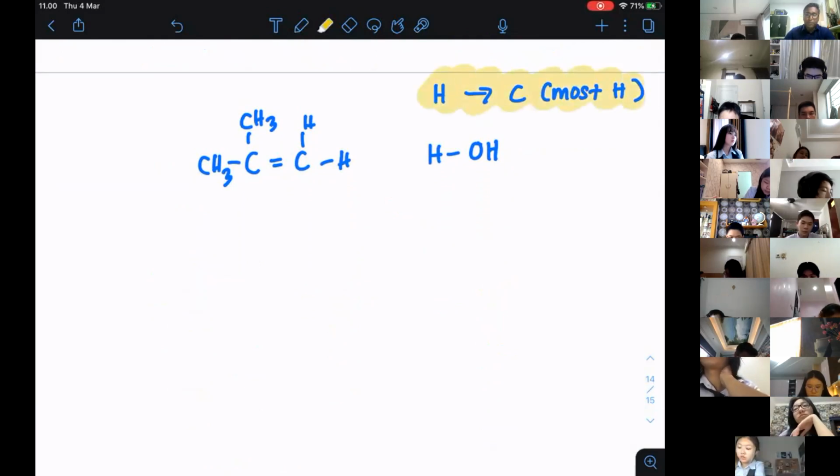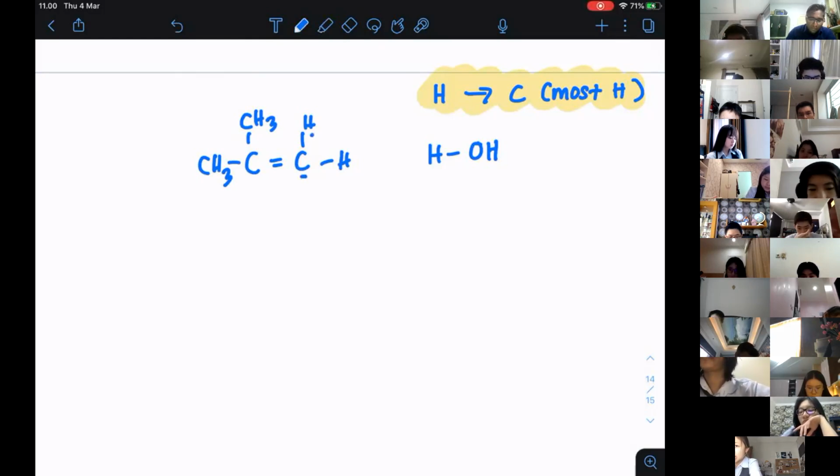So let's see how to apply this. You can see it as rich become richer or something. I do not know, some students like to memorize in that way, but for me, hydrogen will go to the carbon that has the most hydrogen directly attached to it. So you can see here that this carbon has 2 hydrogens directly attached, and this carbon over here does not have any hydrogen directly attached.